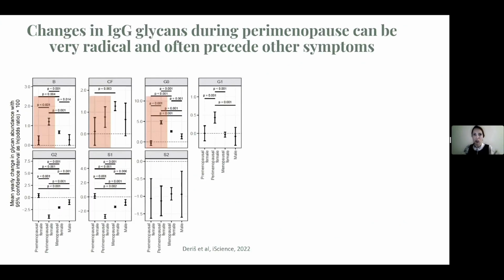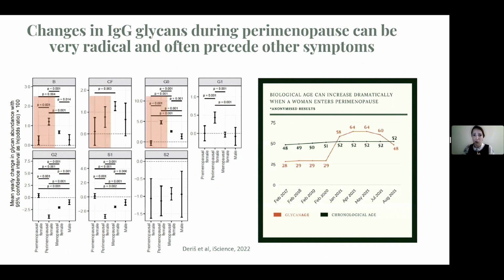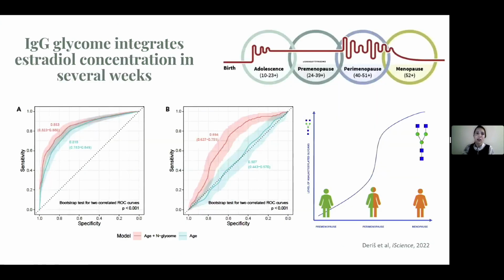So the changes in IgG glycans during perimenopause, normal perimenopause in this case, can be very radical and often precede other symptoms. And we have both scientific data and individual examples showing this. In this case, the measurement was repeated for years, and only around the time of the perimenopause, there was a sharp increase in biological age as measured by IgG glycans.